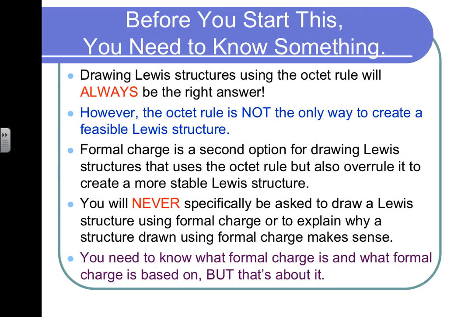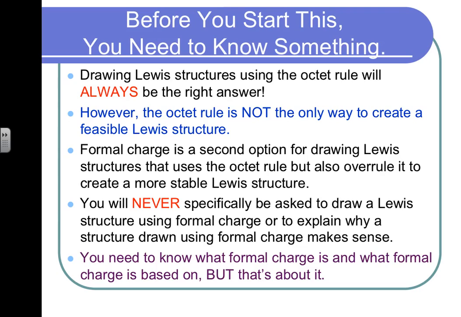So having said that, a lot of what I have on this slide is some things that I have just alluded to. So just read it with me, okay? Drawing Lewis structures using the octet rule will always be the right answer. However, the octet rule is not the only way to create a feasible Lewis structure.